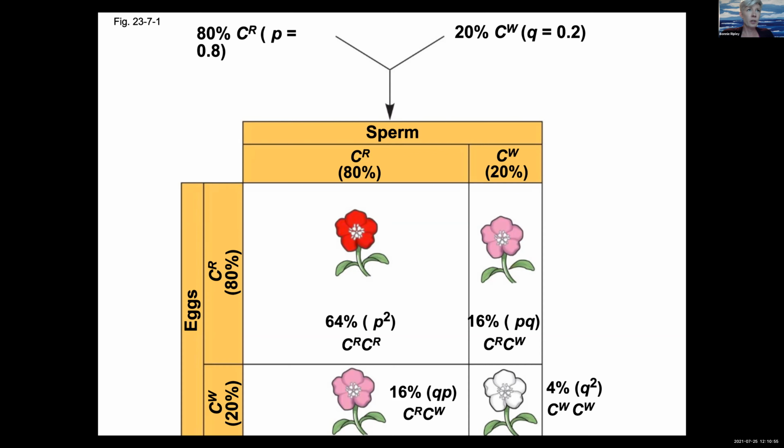Remember, when you're converting from percentages, you're going to move the decimal place. If this is 20%, we're going to divide by 100 to turn it into a decimal. You don't want to multiply percentages together. You want to multiply the decimal values. So I don't like in this example that it's used percentages, because we're going to do 0.2 times 0.8 and get 0.16. Same thing for the other heterozygote. And then for the homozygous recessive, we're going to do 0.2 times 0.2, and that gives us 0.04.